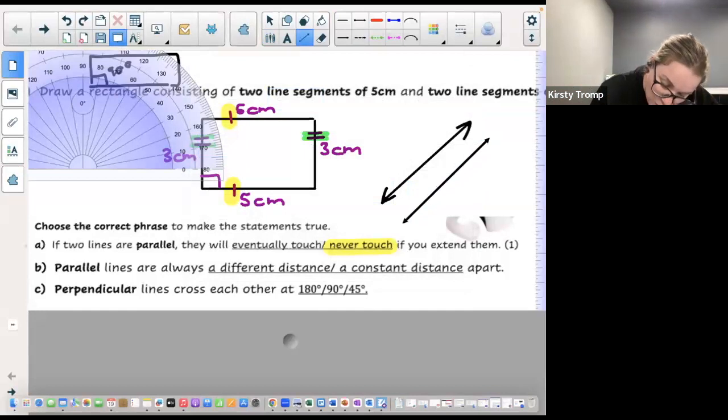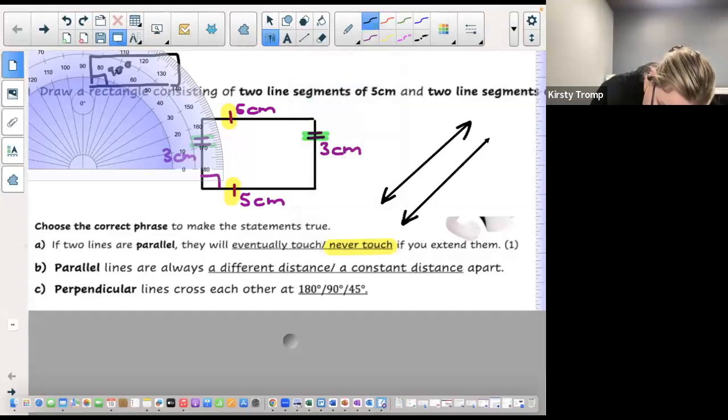And what it means is that those lines will forever be the exact same distance apart. The distance between those parallel lines is going to stay the same forever and ever. So if those two lines are parallel, they will never, ever touch.